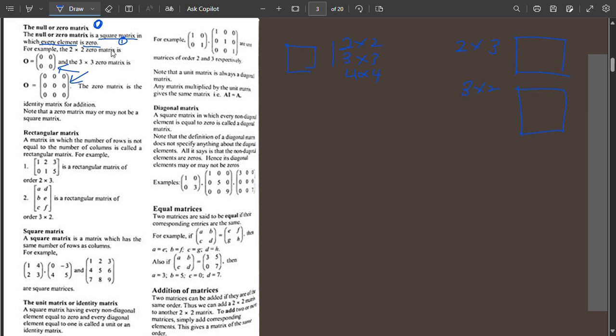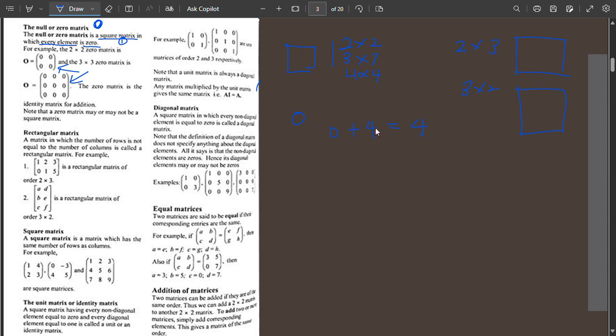When we are adding matrices, whenever we add this null matrix, it wouldn't cause any change to what we added. So in normal algebra, we say 0 is our identity in addition, because if I add 0 to 4, I also get 4. That means 0 didn't have any effect.